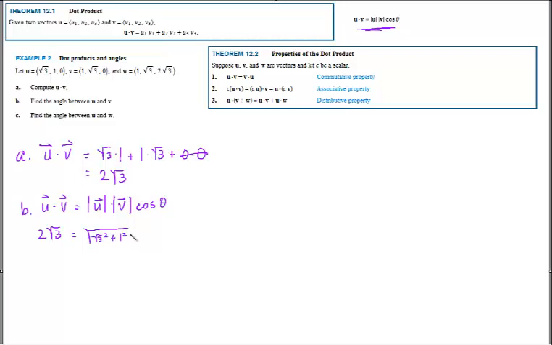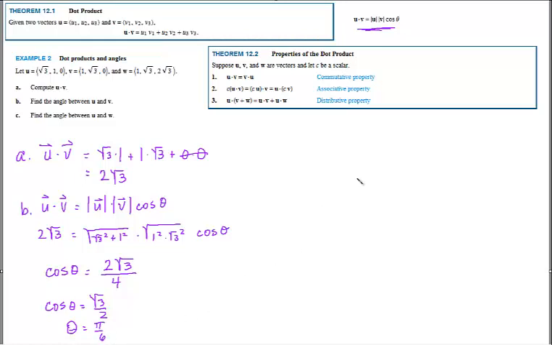I'm not writing down the 0 times the square root of, and that would be 1 squared times square root of 3 squared, not writing down the 0, times the cosine of theta. And I'll do that algebra for you. Alright, so cosine theta is going to be square root of 3 over 2. Well, that's pretty convenient. Since theta is in between 0 and pi, I know that theta is pi over 6.